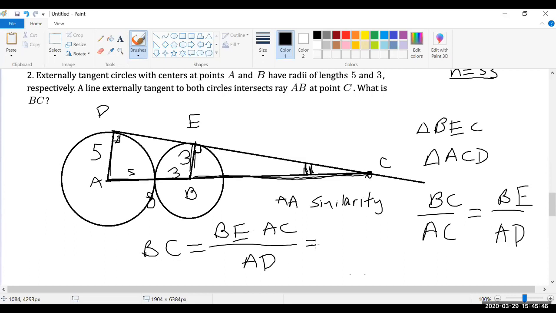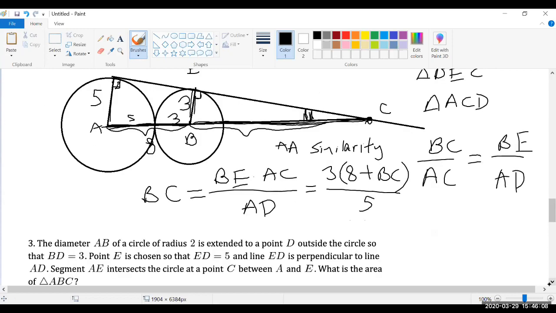We have BE equals 3. AC is 8 plus BC, right? If we split this segment into 2, we have one part over here, which is 8, and then the other part, which is BC, which we don't know, over AD, which is 5, right? So we can move this 5 over, multiply it to the other side.